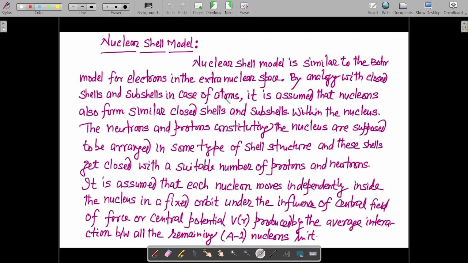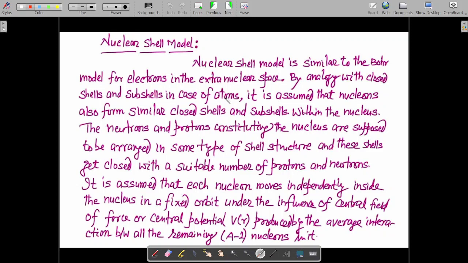But as far as this particular series is concerned, that is nuclear and particle physics, only nuclear configuration will be asked to you. So no need to worry about the electronic configuration of atoms. I just gave you the analogy so that you are able to recall properly.